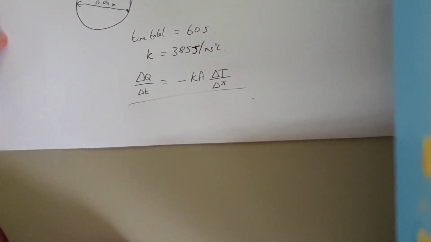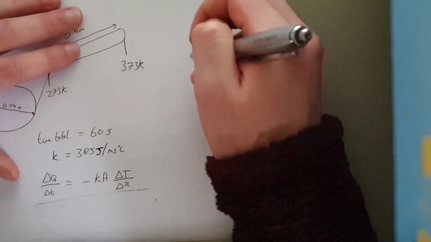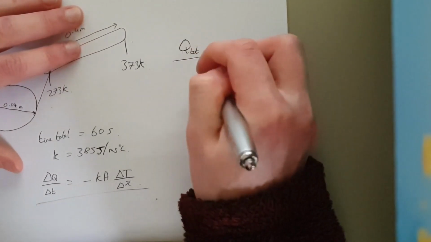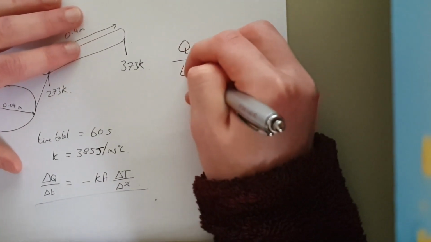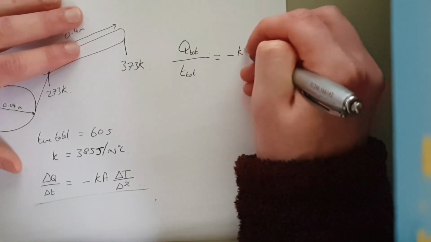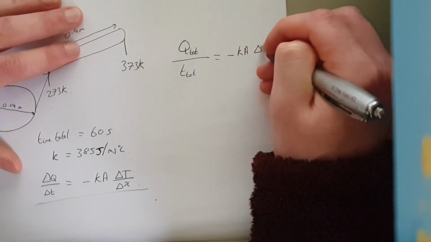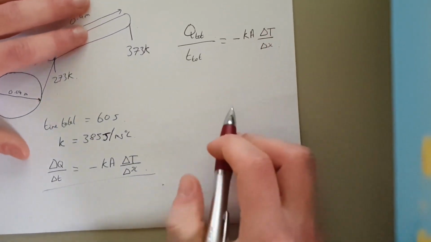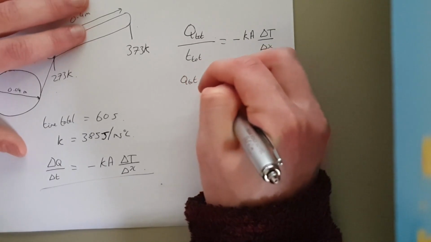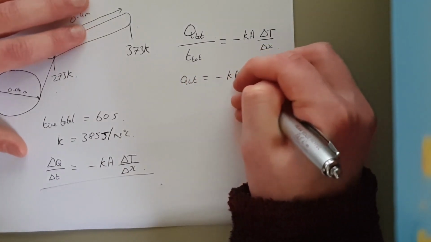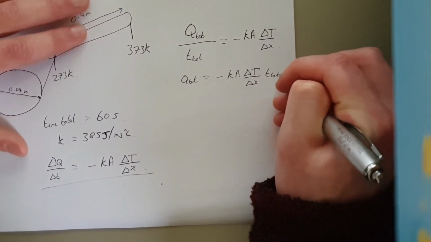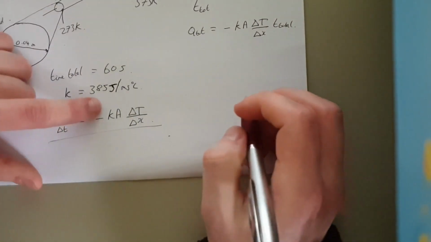I'll put that another way, maybe we can understand better. So we want to know what Q total is, and we can rearrange the equation to be Q tot is equal to minus Ka delta T over delta X times T tot, so these are totals.